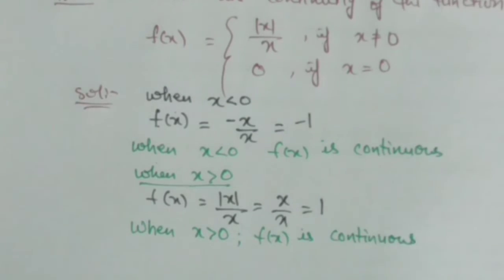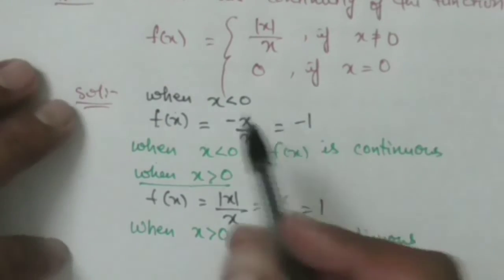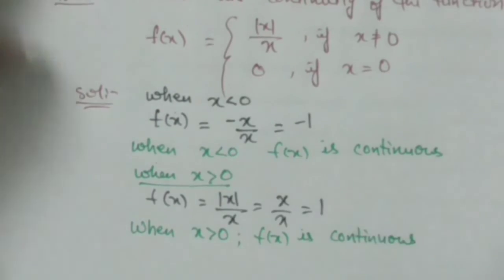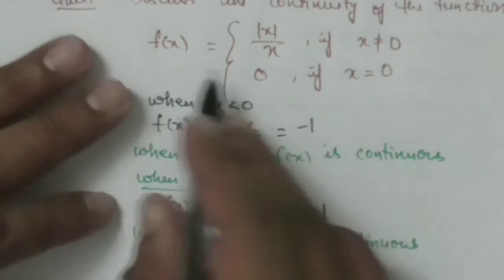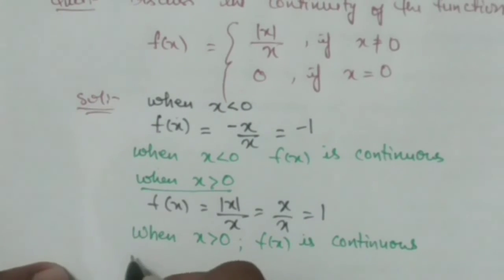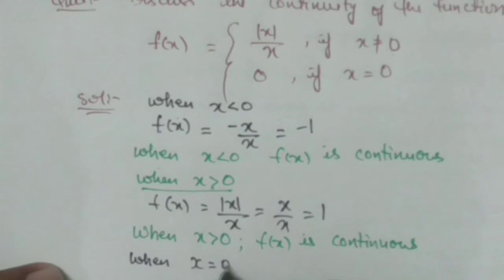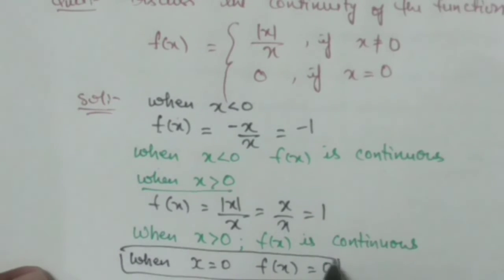Okay, now next step, we have to consider the continuity of this function f(x) at x is equal to 0. So when x is equal to 0, f(x) is equal to 0 according to the given definition of f(x).